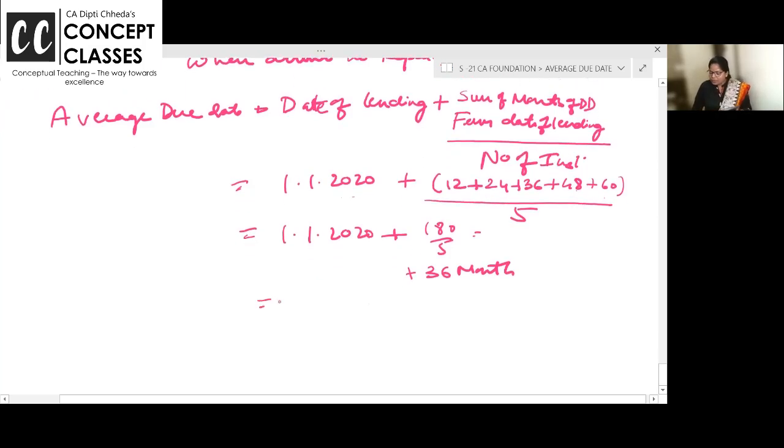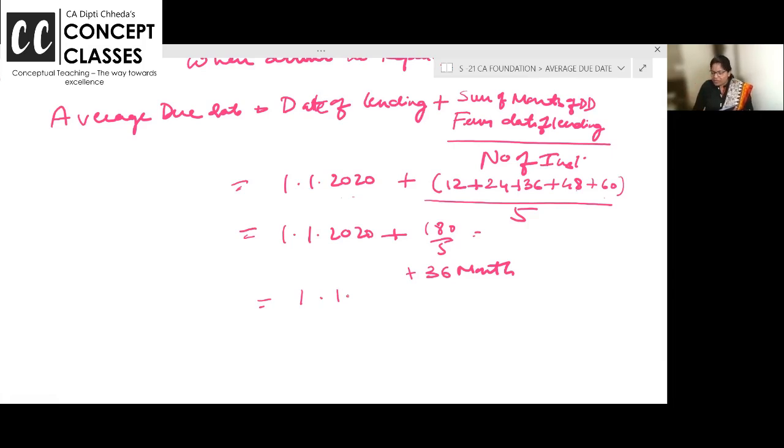So now, January 1, 2020 to 36 months. So due date is after 3 years. From 1st January 2020, 21, 22, 23. 3 years. So first due date is January, this is January, no?